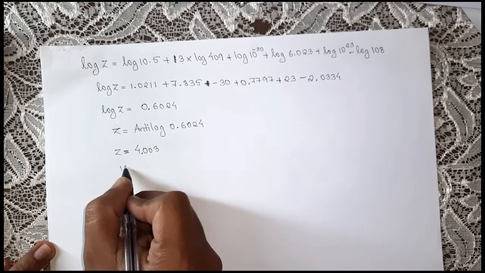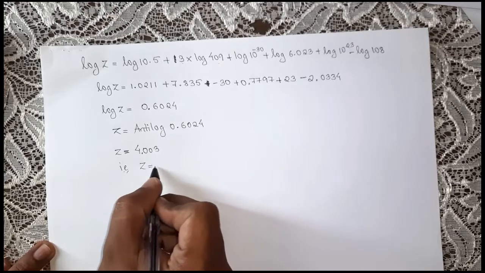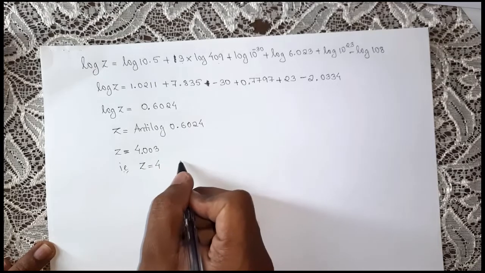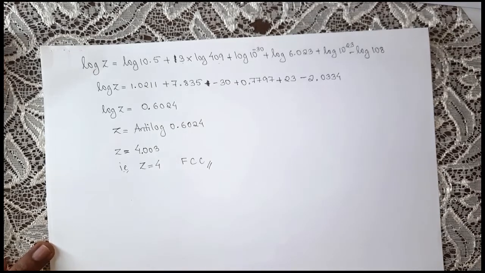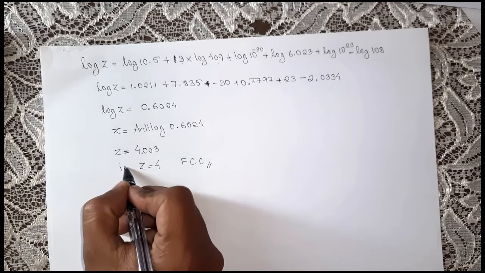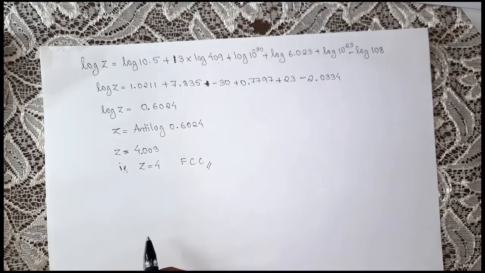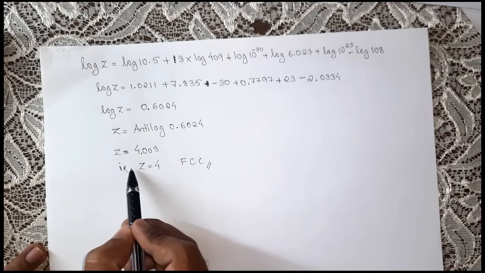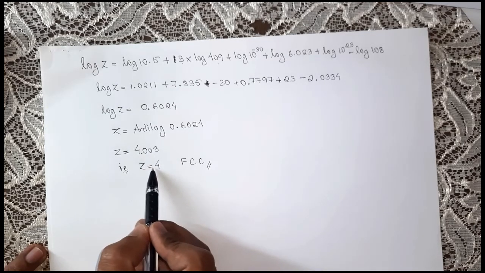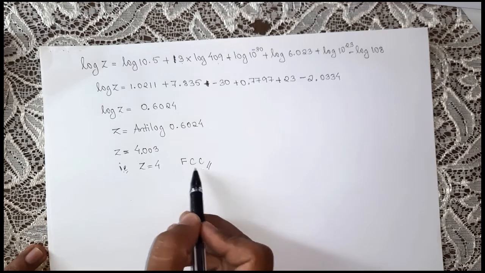So Z is equal to 4.003, which is similar to Z equal to 4. Since Z is equal to 4, the structure will be FCC. It is quite easy to solve all these numericals.